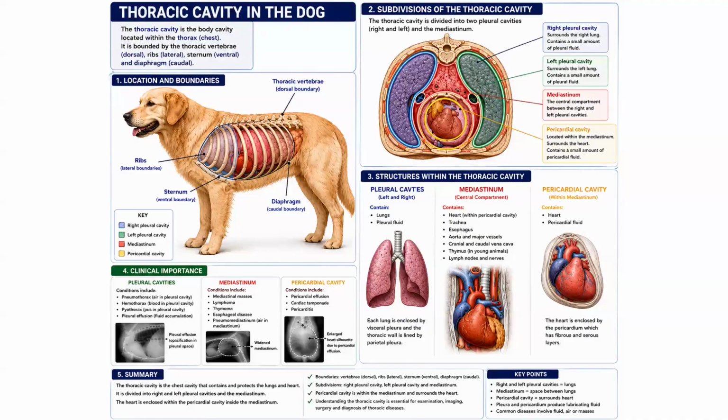Now, for the pleural cavities, conditions that include pneumothorax, you heard the word pneumothorax. Now, these conditions would not really be appreciated if you don't have good knowledge of what? The body cavities of an animal.